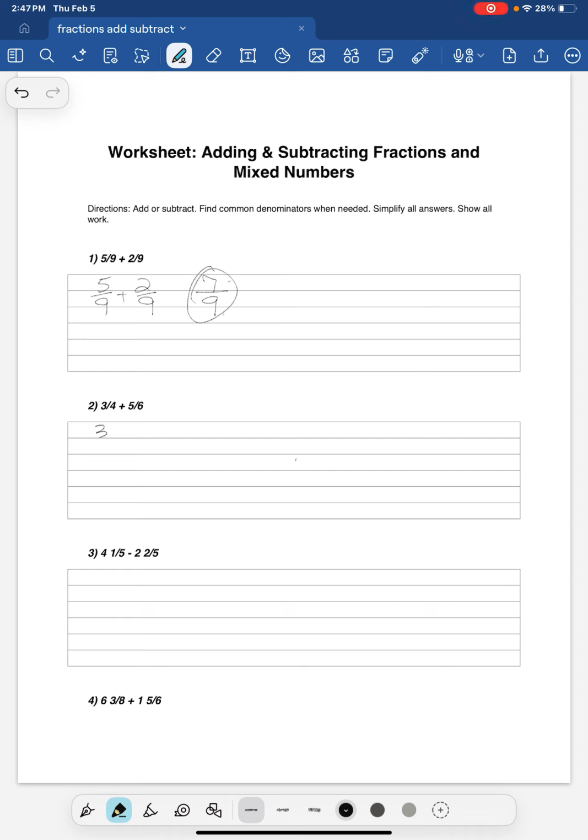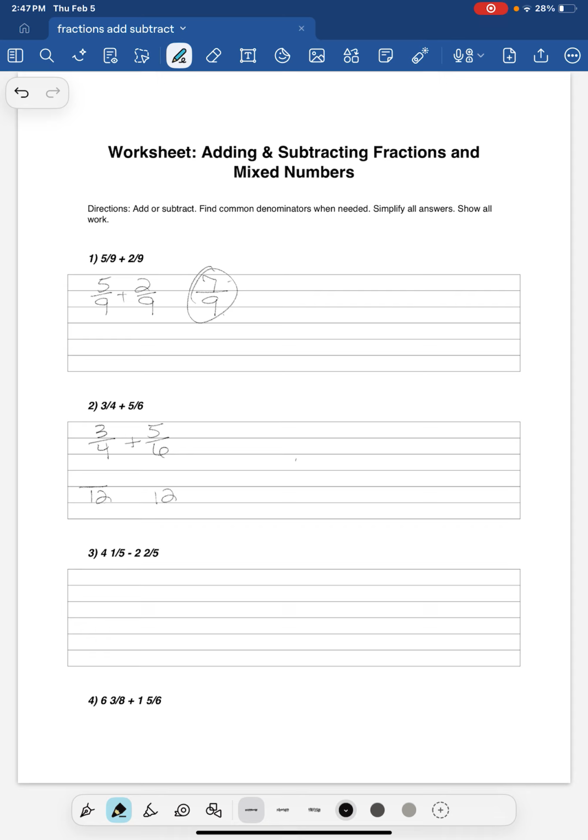It's already in its lowest form, excuse me, so you're good there. Now this one is a little bit more complicated because we have 3 over 4 and 5 over 6, and so we know we can't add them because the denominator is not the same. But if you'll remember, these both have something they can be multiplied by to give you 12.